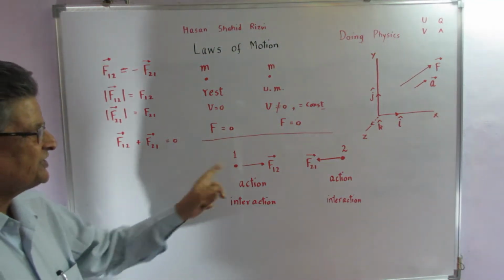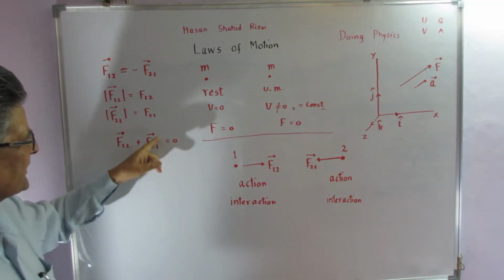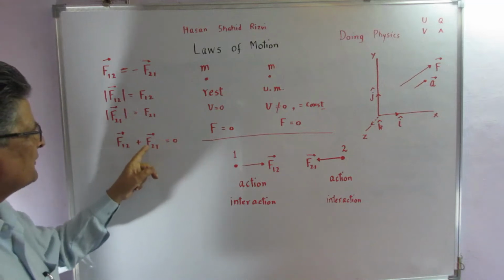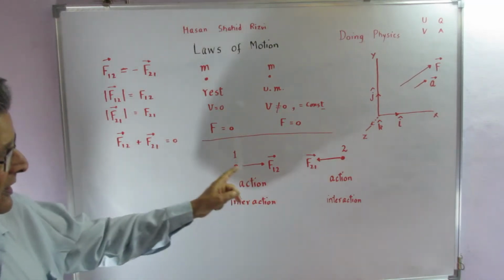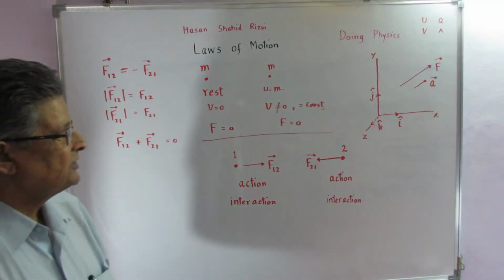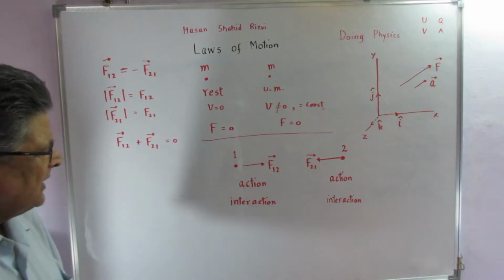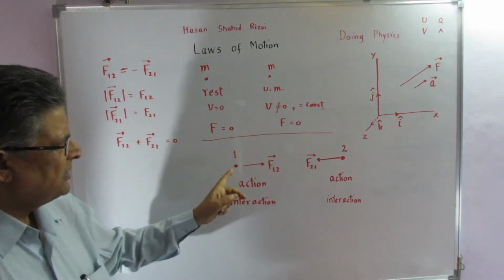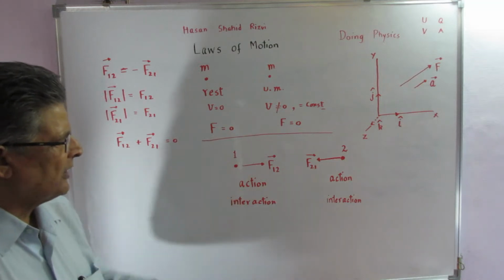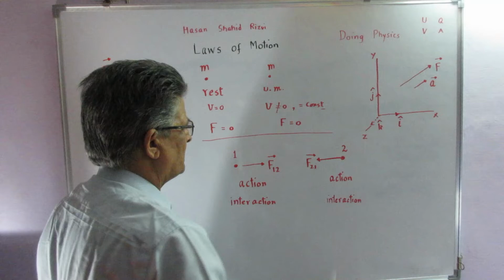So for the system of these couple of bodies, I have the net force acting on the whole system, F12 plus F21, equal to 0. And it is understood that there is no third body or fourth body or whatever. So all the bodies in the universe for body number 1 are described in terms of body number 2.